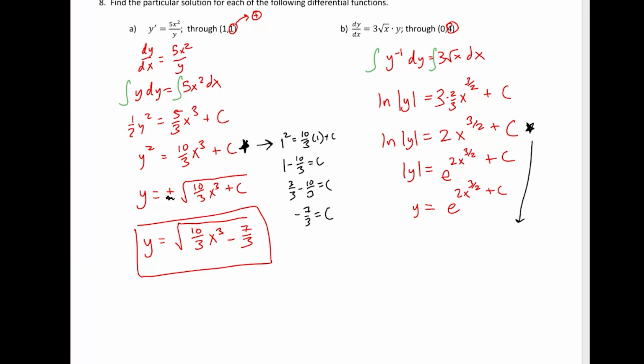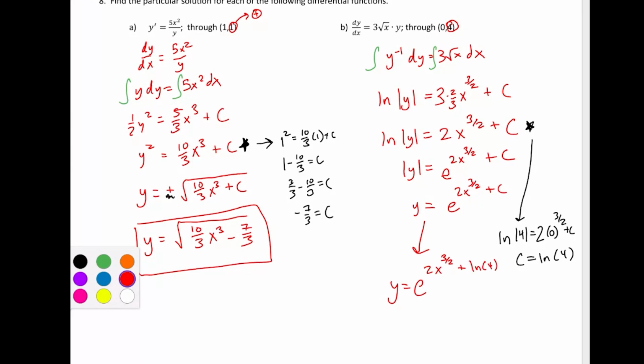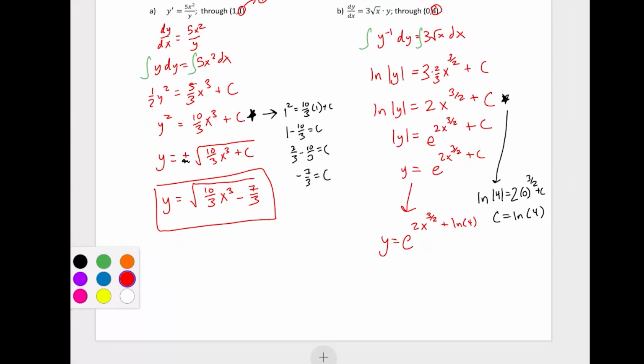So let me show that down here. We've got the natural log of the absolute value of 4 equals 2 times, not x there because we're plugging in 0 here, 0 to the 3 halves plus c. Now 0 times anything is 0, so c is going to be the natural log of 4. All right, now going back to this equation here and plugging in that c, we get y equals e to the 2x to the 3 halves plus natural log of 4, which we can simplify a little bit more.